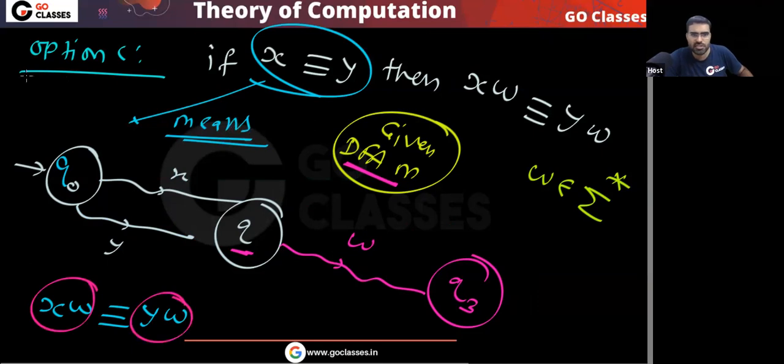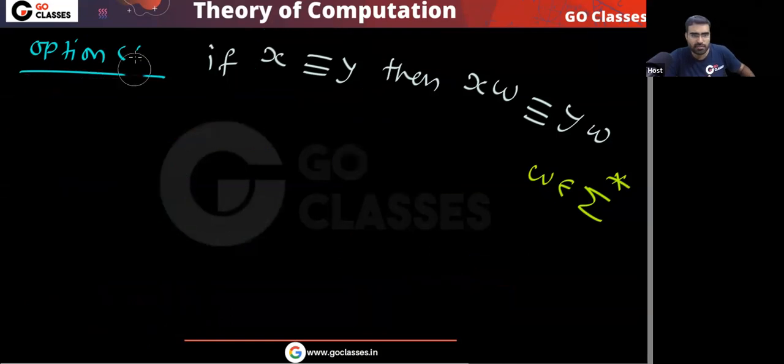So this is your option C. So option C is actually true, and this is your proof. Very simple. What is option D? Option D is similar to option B. Option D is saying that if XW is equivalent to YW, then can I say X is equivalent to Y?